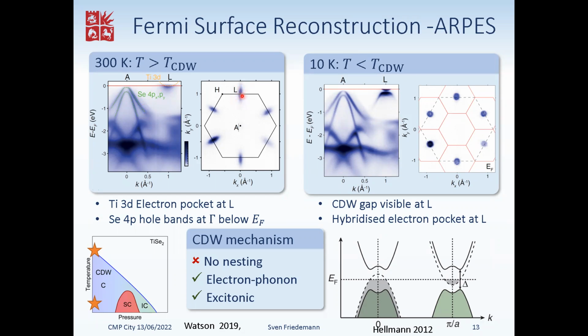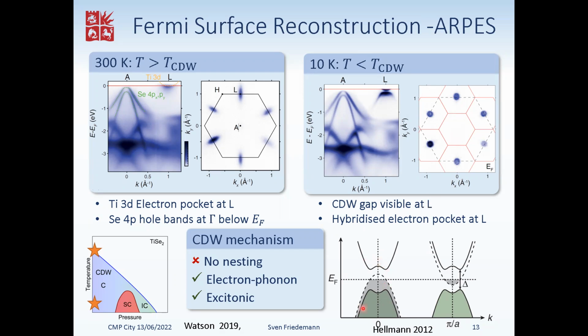As one cools the sample below the transition temperature, one can quite clearly see the charge density wave gap in ARPES, and the reconstructed Fermi surface gives a circular Fermi surface, at least in this two-dimensional projection. The fact that it now appears at the L point is an effect of the ARPES matrix elements, but it is equivalent to the gamma point in the reconstructed Fermi surface.